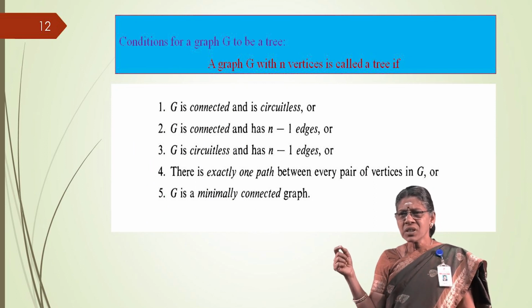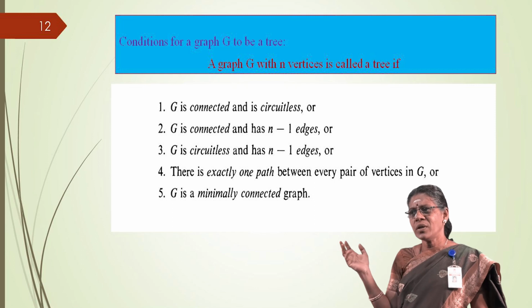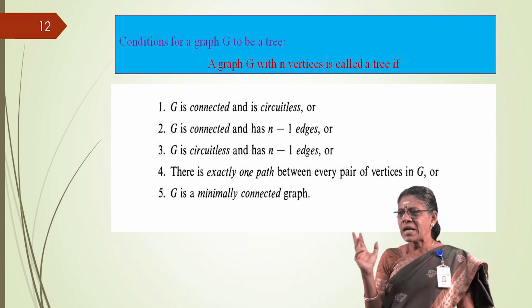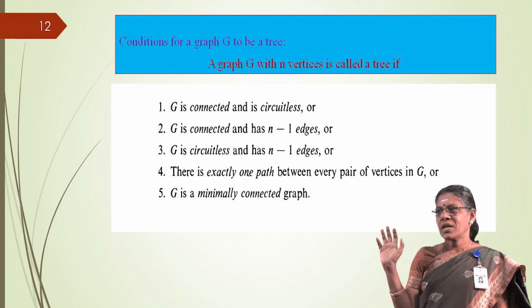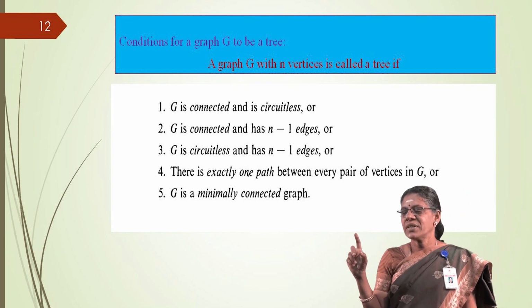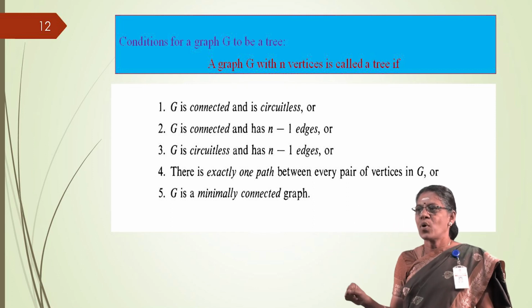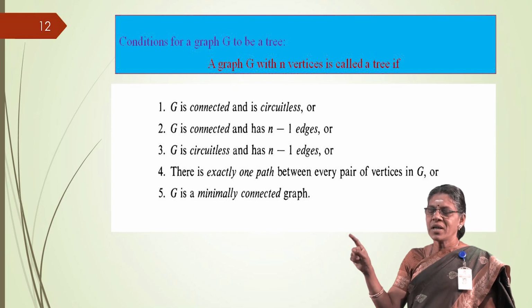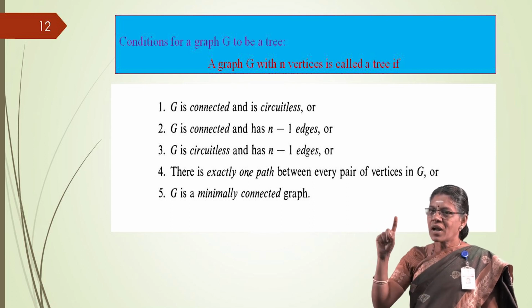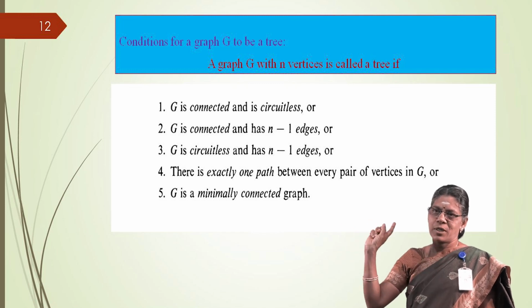So far we have seen 5-6 theorems, and adding all of them we obtain the condition for a tree. A graph G with n vertices is called a tree if we have 5 points. First, G is connected and circuitless.